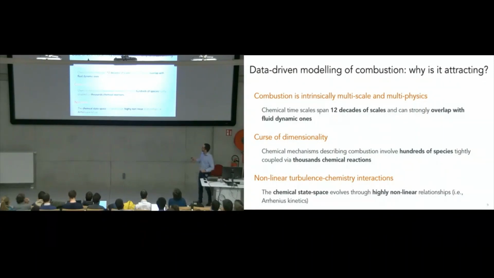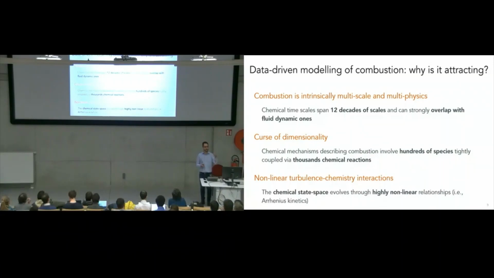Moreover, chemical kinetics spans 12 decades of scales, which can be more or less coupled with the fluid dynamic ones. So you have a very complex process, because if you have to take both of them into account, then it becomes very complex to do so. We have a curse of dimensionality in the sense that we have a very large dimensionality of the state space.